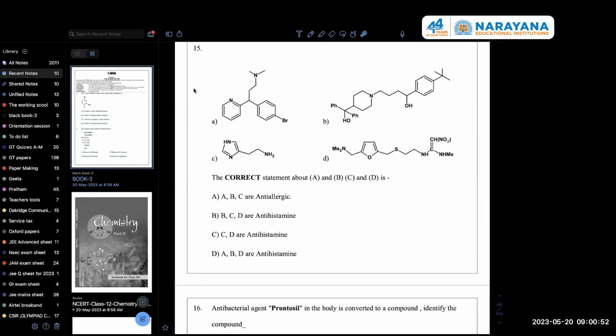D only? Yes, absolutely. The answer is D. This is itself a histamine. D is an antacid, not an antihistamine. The category of antihistamine is one antacid, the other anti-allergic. But both are antihistamine, right?